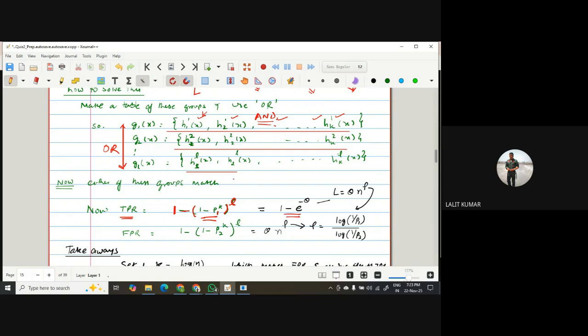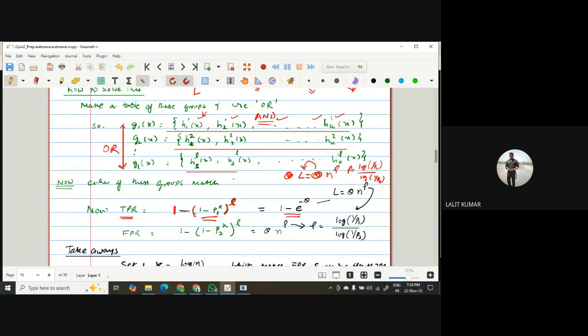Here you can write this theta value, which comes from the formula L is equal to theta n to the power rho, where rho is equal to log of 1 by p1 divided by log of 1 by p2. So this theta will dictate your value of L, that is, how many tables you have.